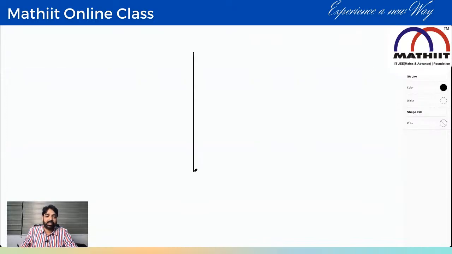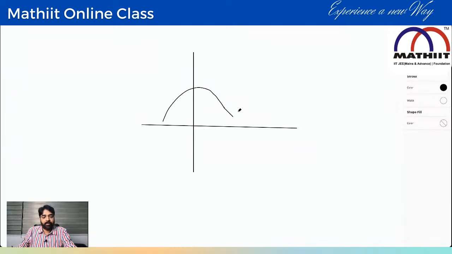Suppose I show a graph something like this. Let's say this point is 1, this point is -2, this point is 3, and this point is 4. This is some graph, y equal to f(x).